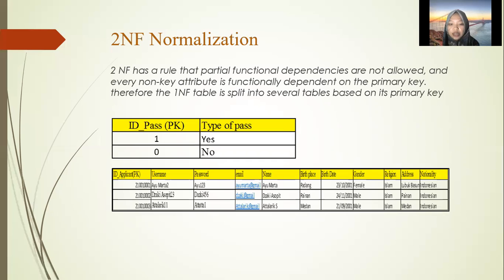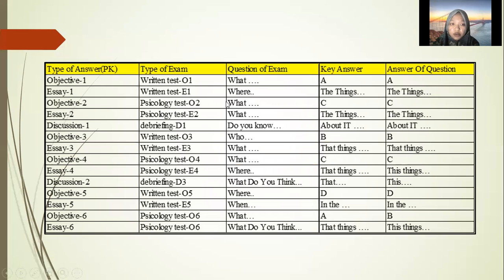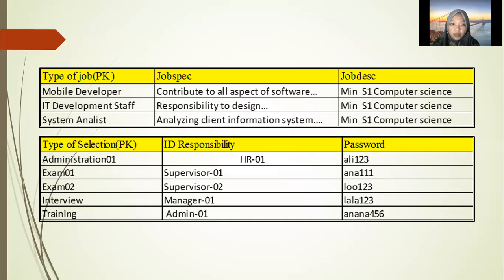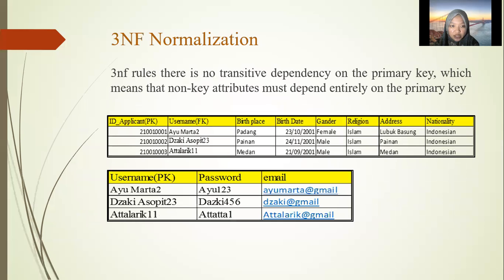Therefore, the 1NF table is split into several tables based on its primary key, as shown in the slide. Like this table for ID applicant, table for type of answer, table of type of job, and table of type of selection.